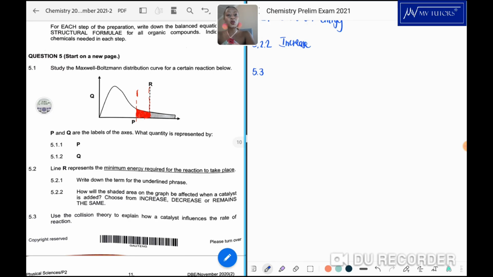Once they have enough kinetic energy, because you want them to move and collide, they start moving about. And the more movement they have, and when they are orientated in the right way, the more effective collisions you will have. So first of all, energy.